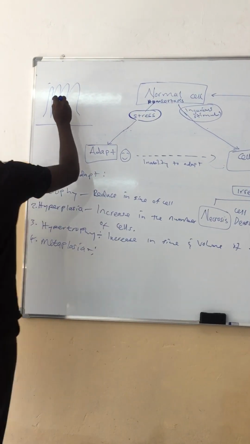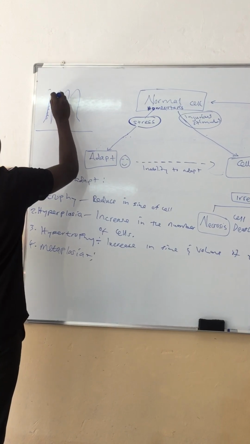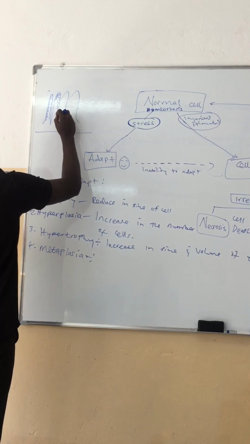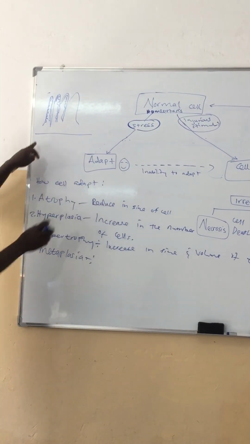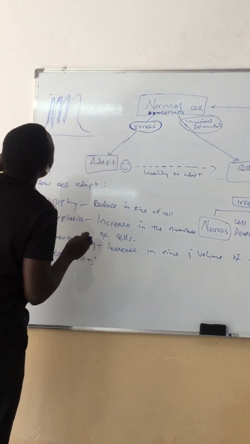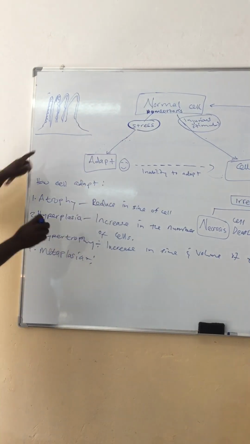In the actual sense, you have these columnar cells, and here you have the basement membrane on which these columnar epithelial cells rest.